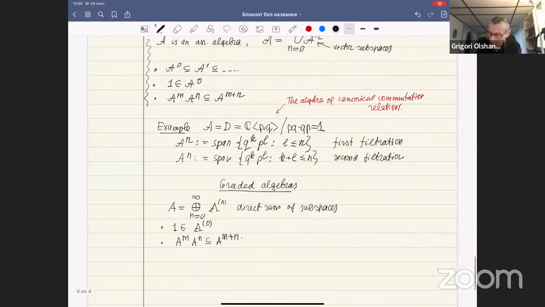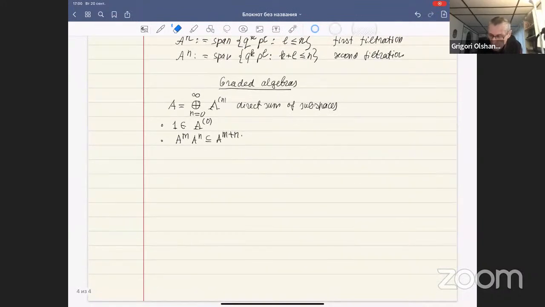And what are examples? Of course, the algebra of polynomials. And again, there are different ways to introduce the grading.